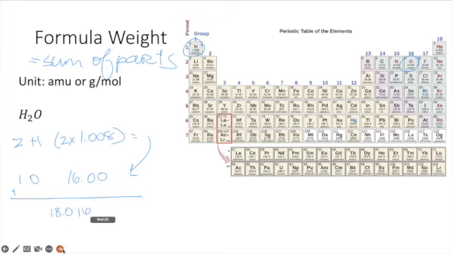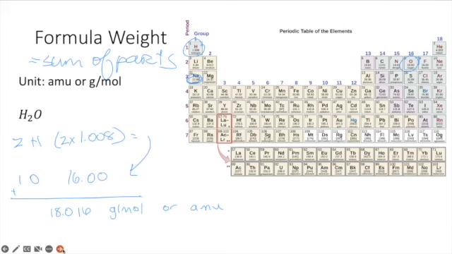Now here's the kicker. What unit do I use? This on the periodic table looks unitless. But as we know, when we talked about the mole, we can either use grams per mole or AMU. I would use grams per mole. That's what's more commonly used, but both are correct.